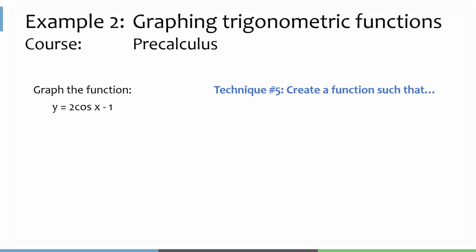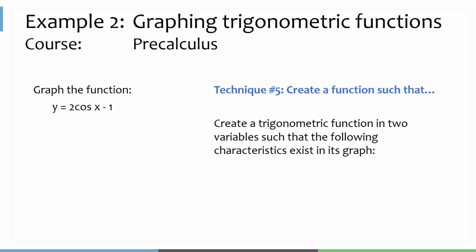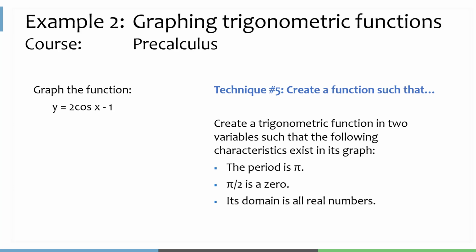And one more technique, just like we had create an equation that does this, you can also create a function such that blah, blah, blah, and you can give some situations. So you could say, create a trigonometric function in 2 variables such that the following characteristics exist in its graph. The period is pi over 2, there is a 0, and its domain is all real numbers.